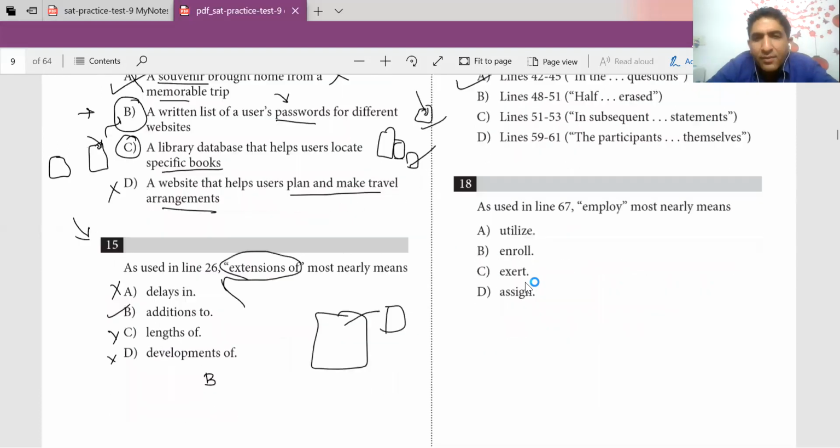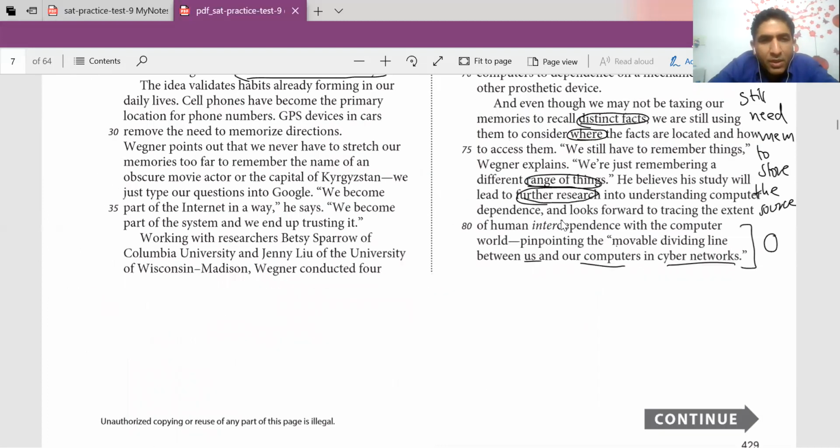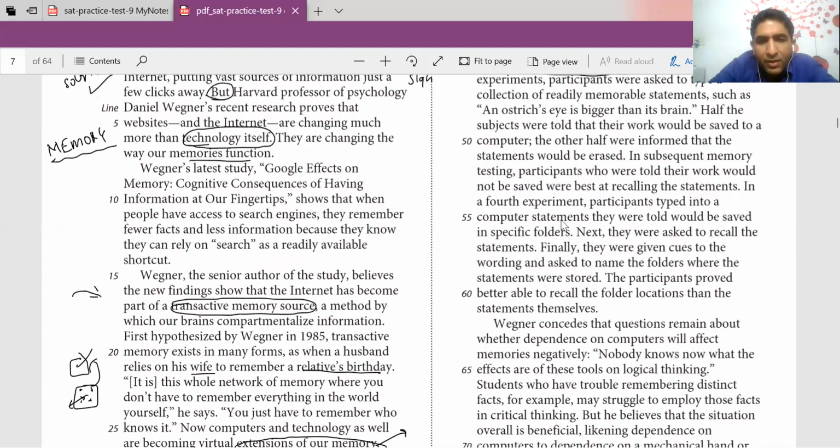Question number 18. It says employ. What is the meaning of employ? So the way to do these kind of questions is to just try replacing these words in that line. So if I go to line 67, 67 would be somewhere here, 65, 66, 67. And here the word employ is there. So let me just read it from here.